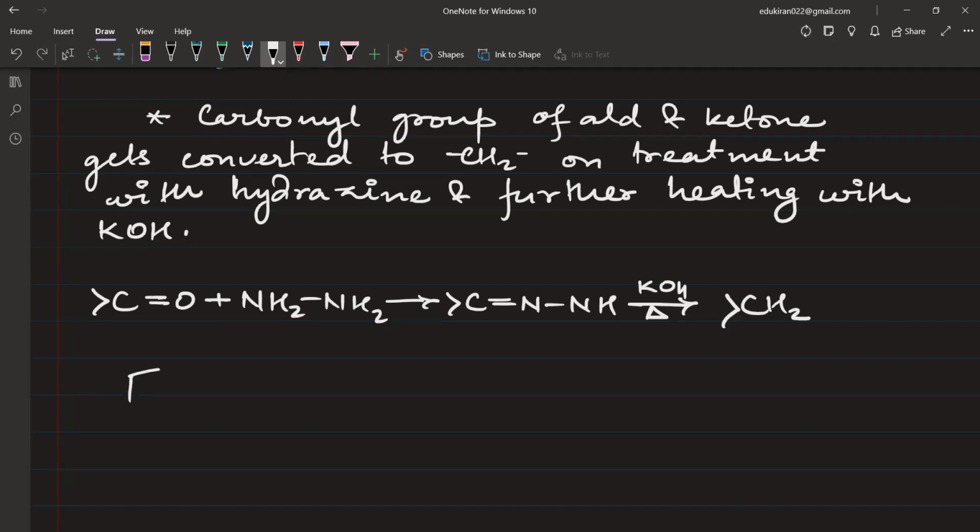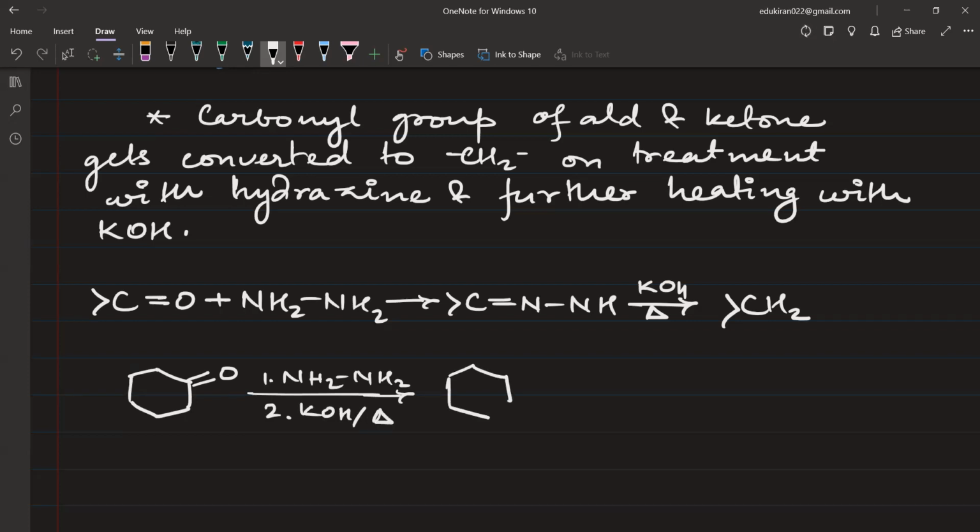So if you have something like this, in the first step you have NH2NH2, second step you have KOH with heat. This will become normal cyclohexane. Okay, so it becomes a normal alkane.